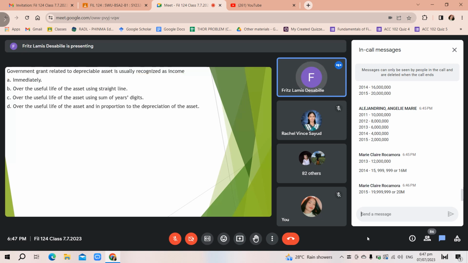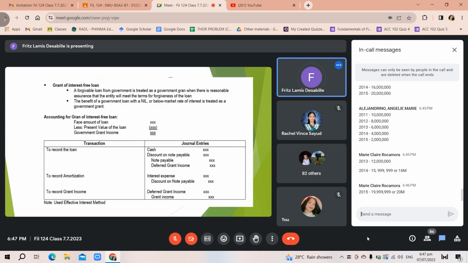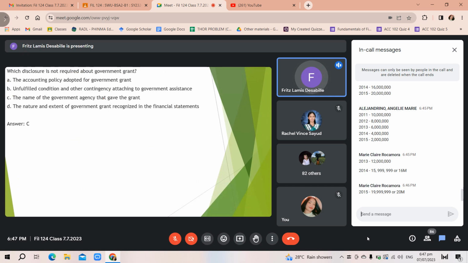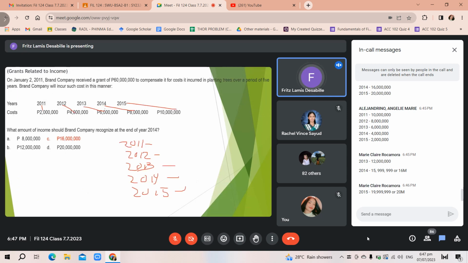So how do we match the income with the expense? Going back to the problem. Okay. Now, if you take a look at the total expenses incurred, how much is the total? Pila ang total sa expense nga na-incur? Go.